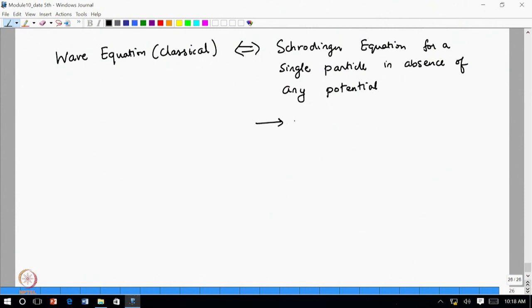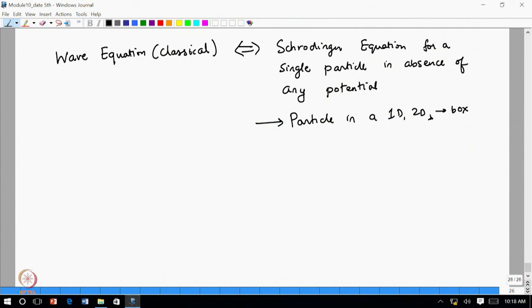So this is particle in a box, in a 1D or 2D box. If you have a circular box, then you get Bessel functions.